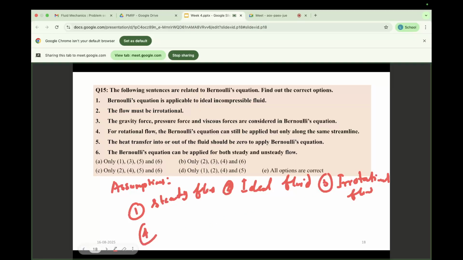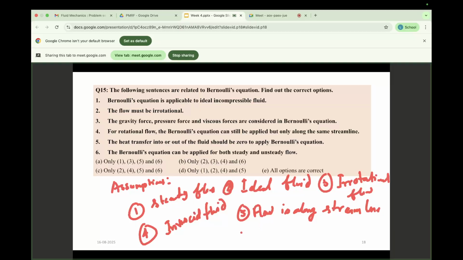Fourth is it should be non-viscous, that means inviscid fluid. Fifth is flow is along the streamline. Sixth is it should be incompressible. I think I have explained this earlier.